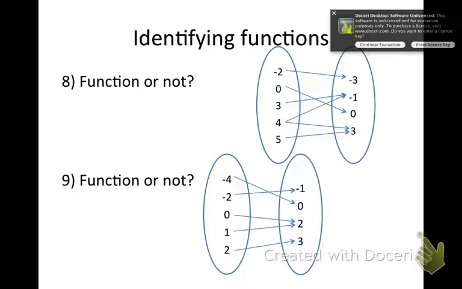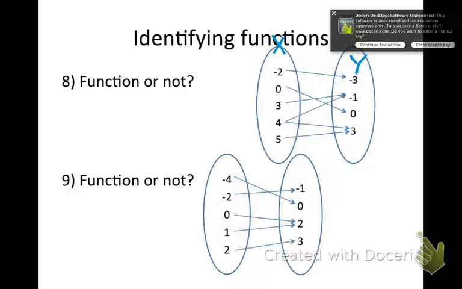Number 8. We're going to talk about whether this is a function or not. Now, what's the key to being a function? What value cannot repeat, Jack? The x. So as I look at my x values here, the x are my left values. My y is my right values. So I look at -2. -2 goes to just -3. 0 goes to 0. 3 goes to -1. 4 goes to -1 and 3.